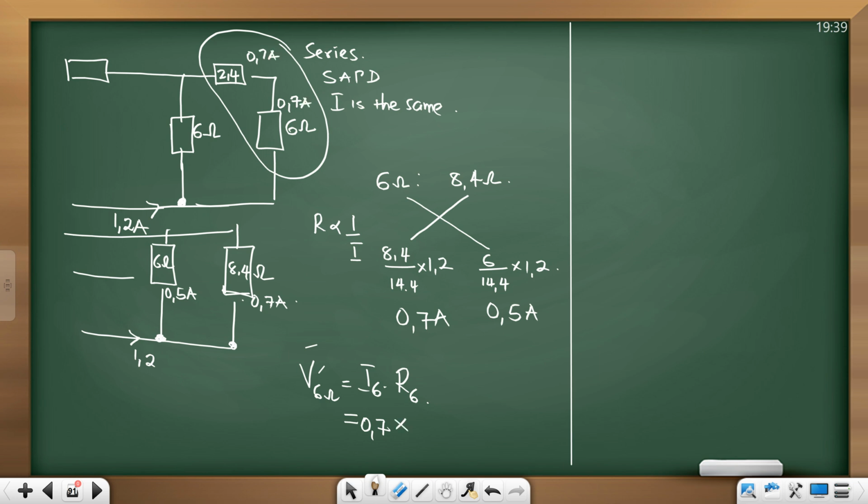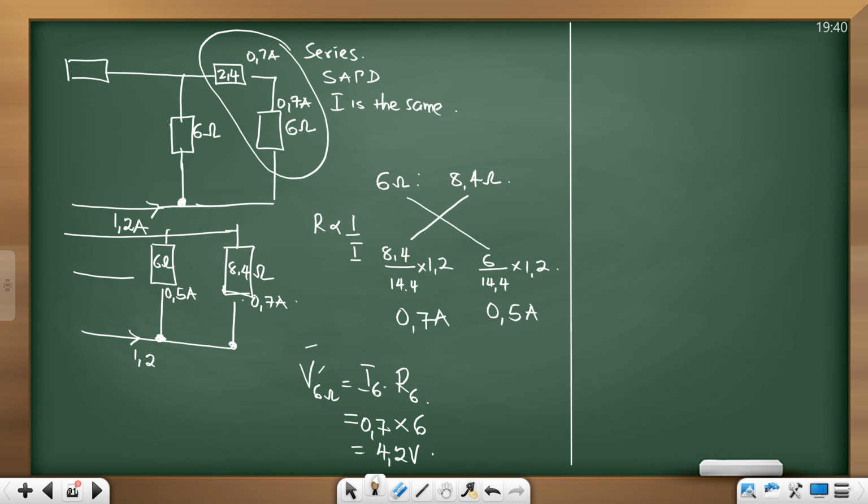So 0.7 times, what is my resistance? 6. What's your answer? 4.2 volts. Is that the same answer they got? 4.2 volts. But I want to do it in a different way where I am not using ratios.